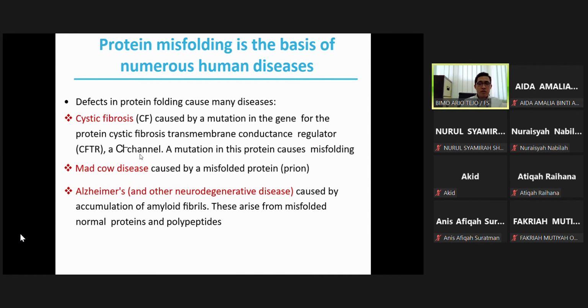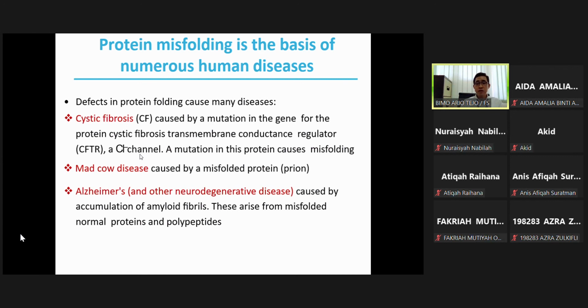Cystic fibrosis as well is caused by mutation in the gene for the cystic fibrosis transmembrane protein, and the mutation causes misfolding, and it cannot be treated. Once you get cystic fibrosis, you have to live with that disease for the rest of your life.